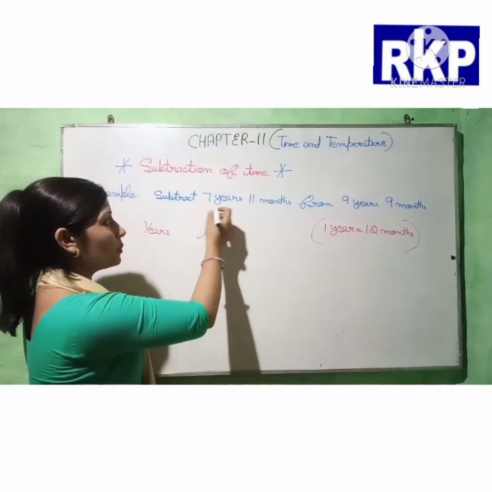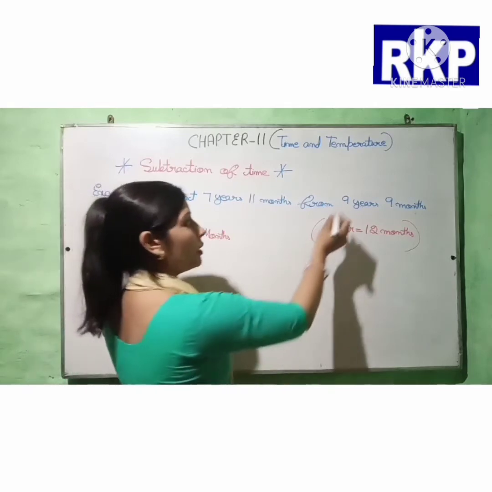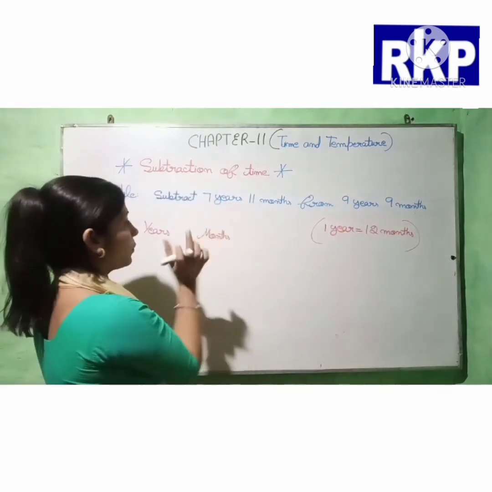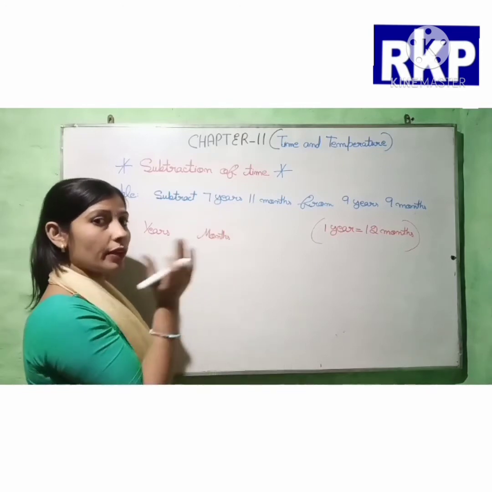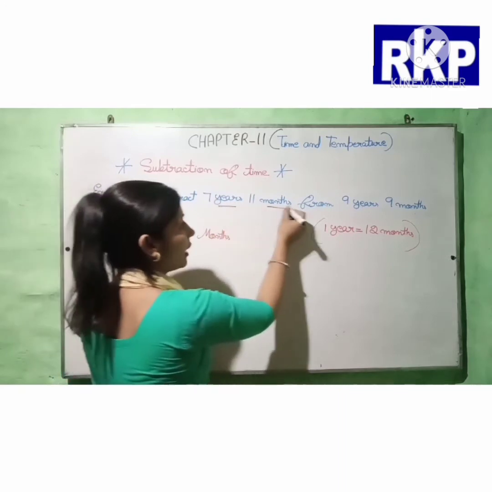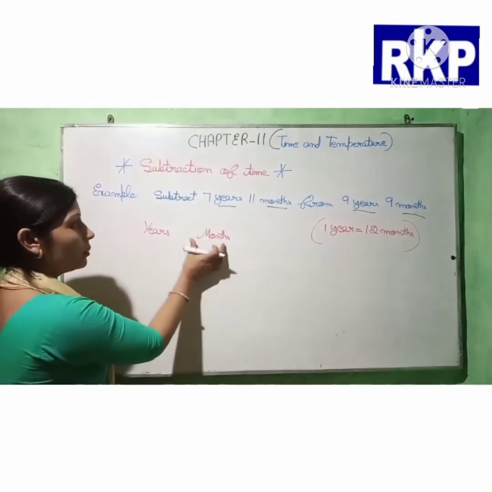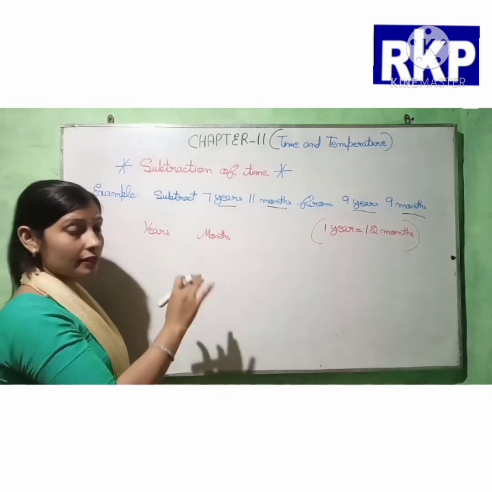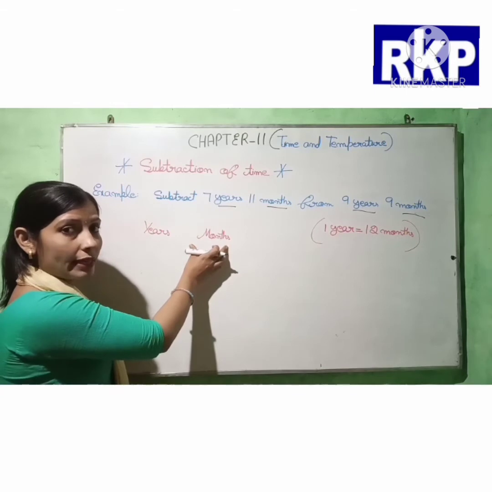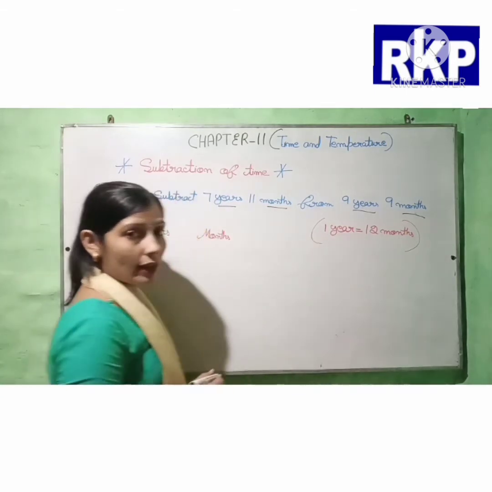Here we have to subtract 7 years 11 months from 9 years 9 months. Okay, so here also first of all we have to write the given units, and here we have years and months. So first of all we have to write both units on the upper side. First we have to write the greater unit and then the smaller unit, and you know 1 year is equal to 12 months.